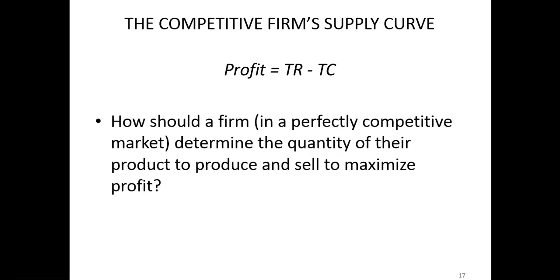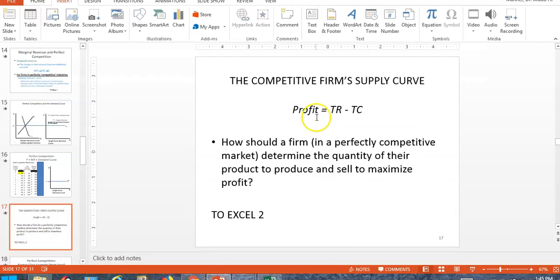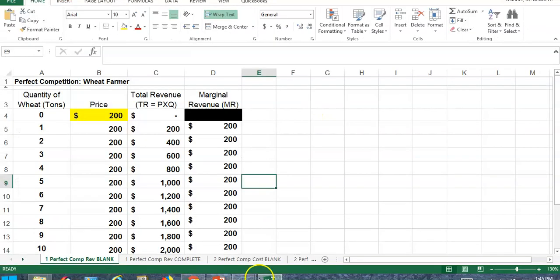So, reminding the question we're answering, how should the firm maximize profit, and again, this is true for perfect competition, although the generalized conclusion is true for any type of competition, it's a little bit simpler calculation or analysis in perfect competition because the marginal revenue stays constant. Let's go do the calculation and come up to the rules. I'm going to jump to here.